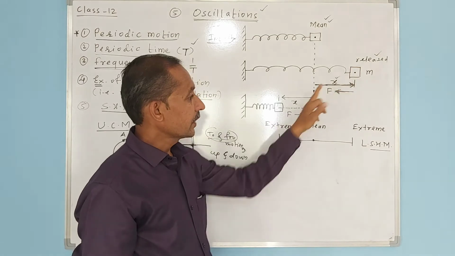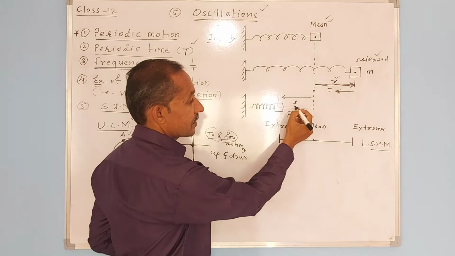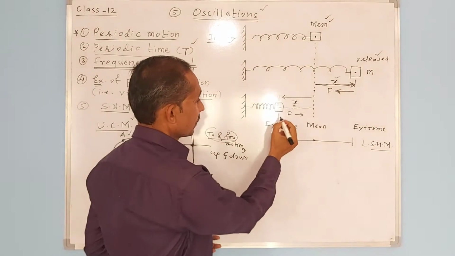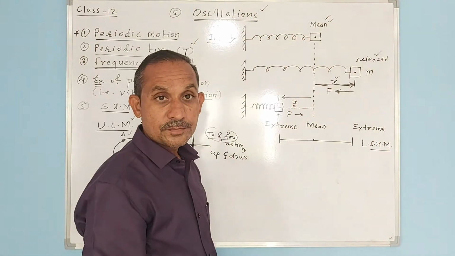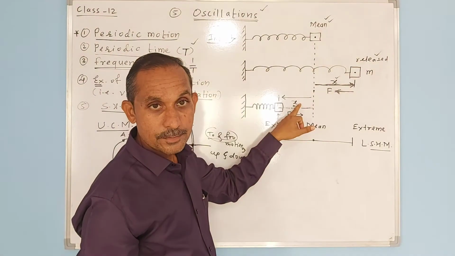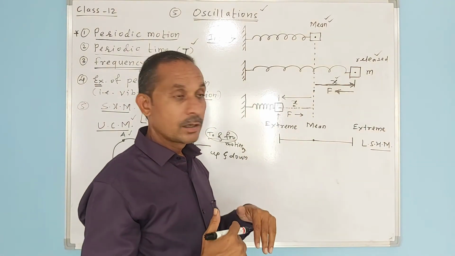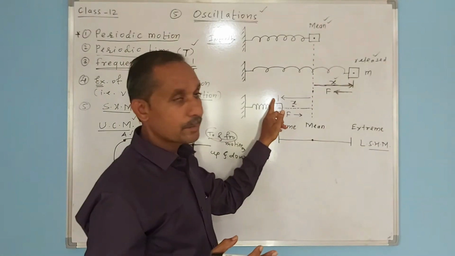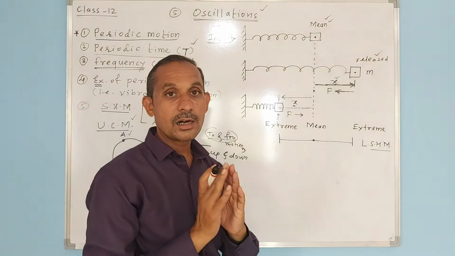The body continues to move along the left side and is again displaced through the distance x, reaching this position. At this position, the body experiences the same force F. Both the displacement and the force are oppositely directed.